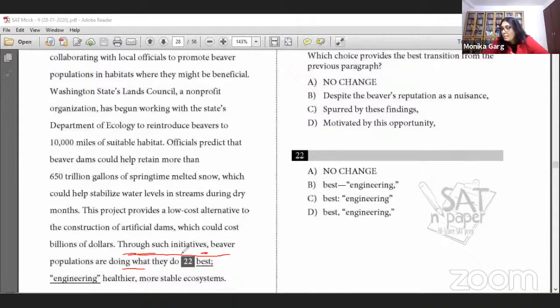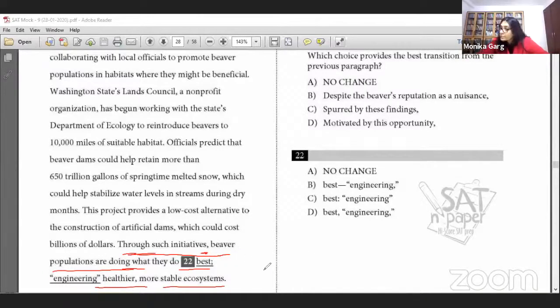So you have one complete independent clause on the left side, and then you're explaining what you stated, what they do best, engendering healthier and more stable ecosystems. Since the second piece is only an explanation of the first one, it's rephrasing what you stated, so this has to be a colon.